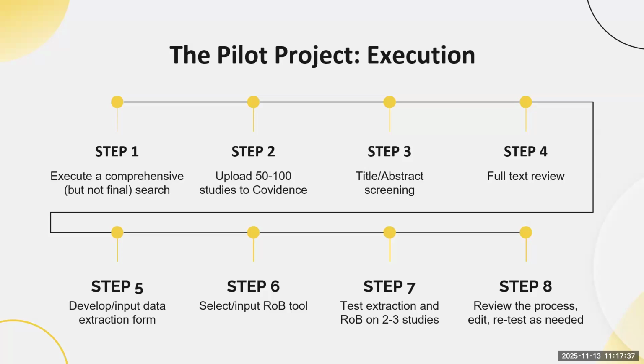In roughly half of our reviews, researchers realize that they need to change their eligibility criteria after testing extraction. So this is one of the reasons why the search is reasonably exhaustive, but not necessarily final. If the eligibility criteria changes enough, we end up having to modify the search.